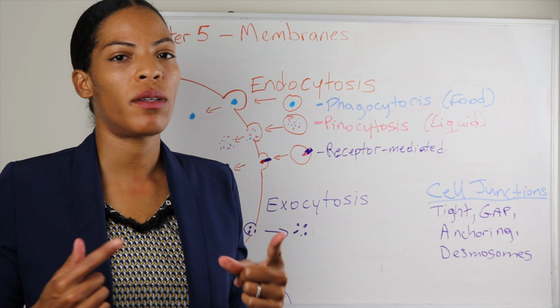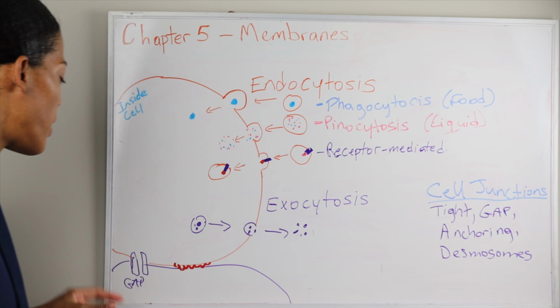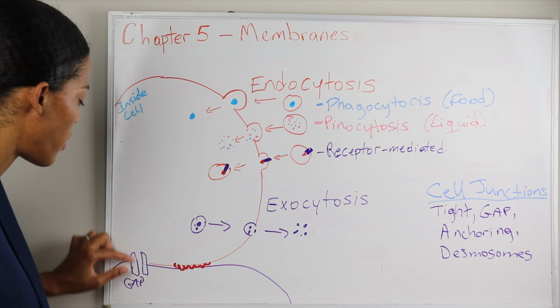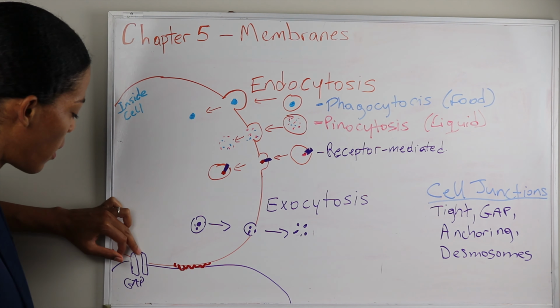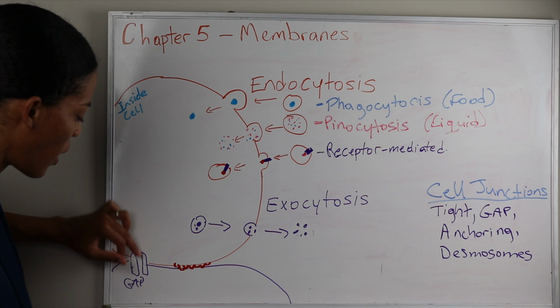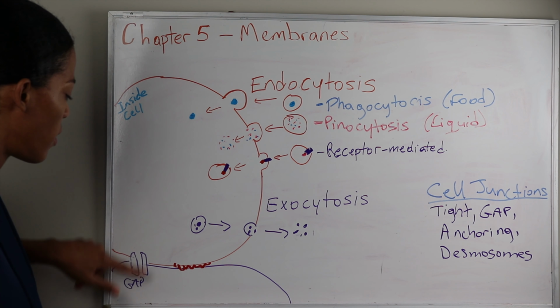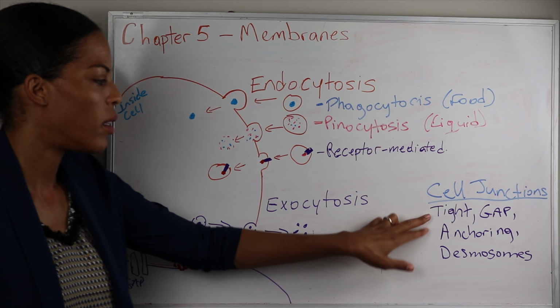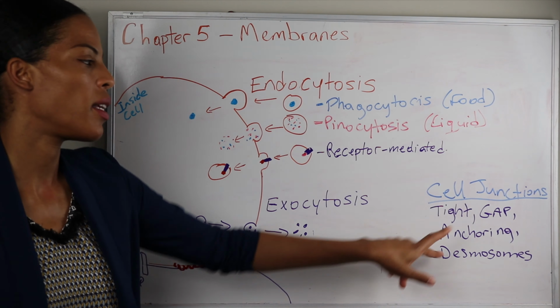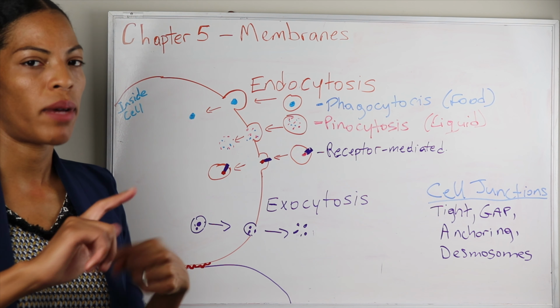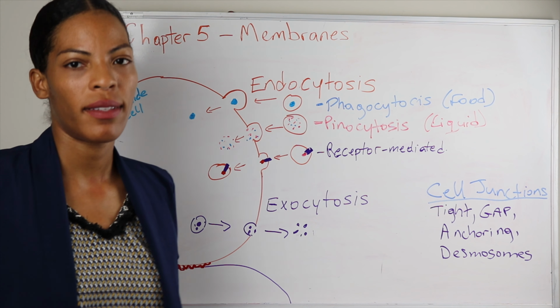The difference though with the gap junction is that while the gap junction is a protein that holds two cells together, it's usually a channel protein also. So it usually has a space in the middle that allows things to go from one cell to the next. Okay, so that doesn't happen with these other types of tight junctions, but the gap junction not only connects the two cells together, but it allows things to pass from one cell to the next.